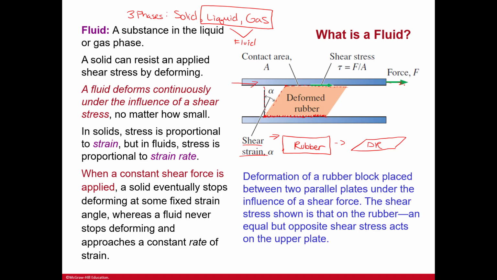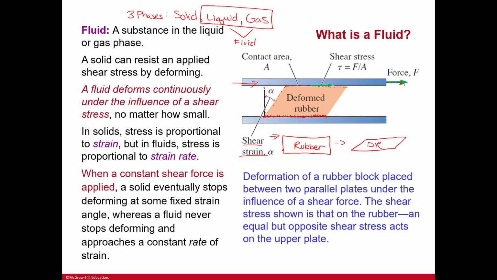And that's because in solids, like the dirt, stress is proportional to the strain. The strain that the dump truck is applying is much greater than a bicycle. So the stress that the dirt road is going to receive is going to be proportional or much greater at the dump truck than the fluid.